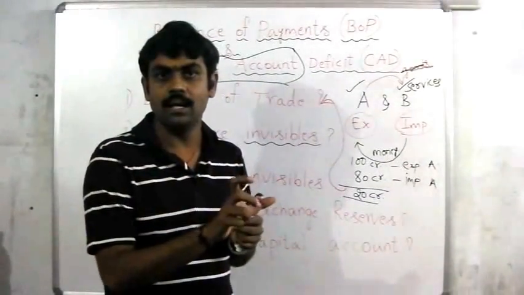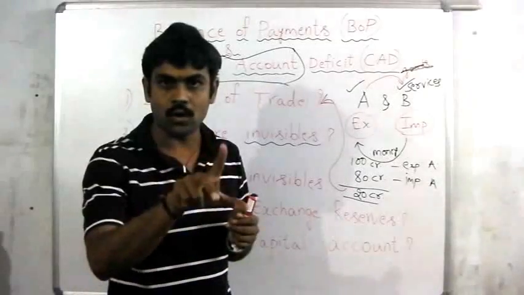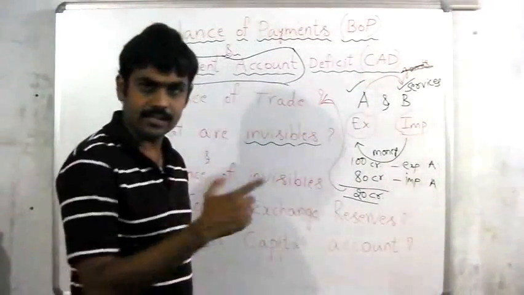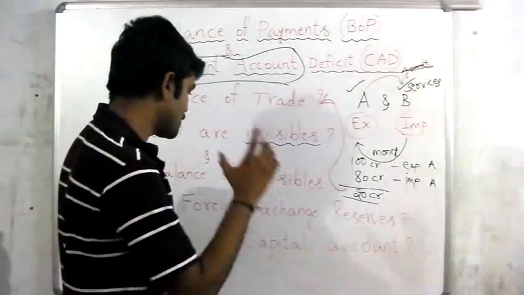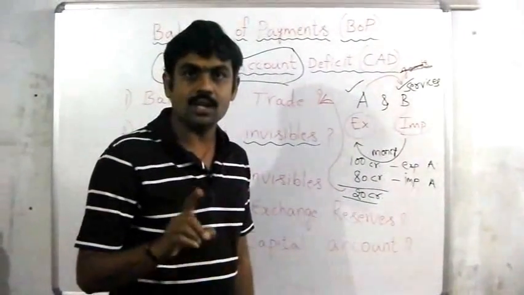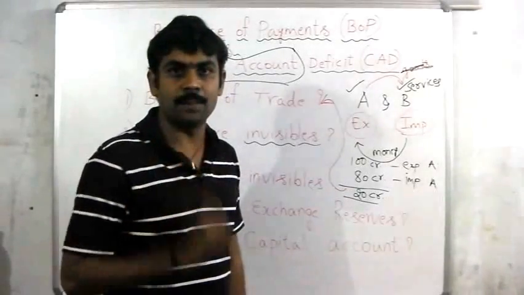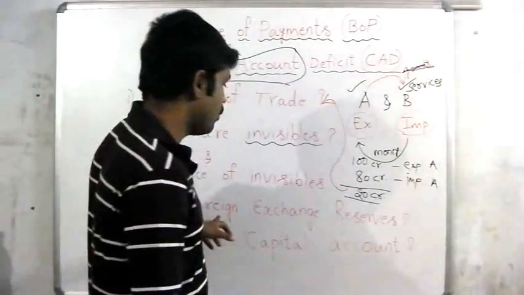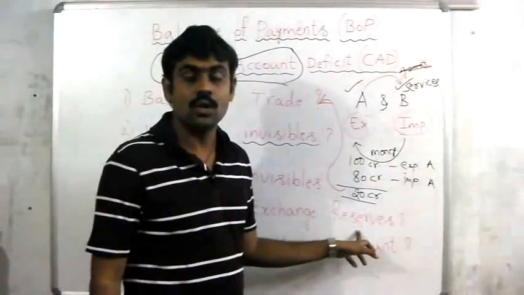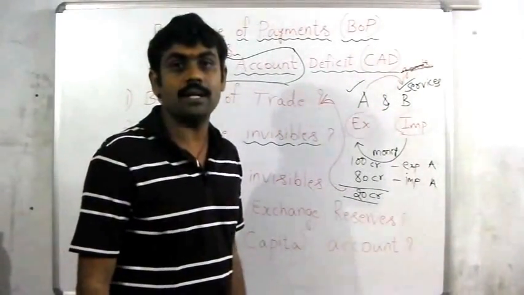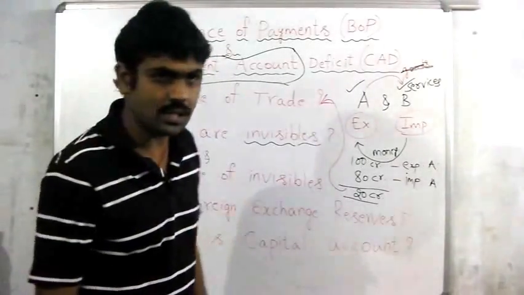That gap will be filled up either by borrowings or by these foreign exchange reserves. So almost all the countries maintain huge foreign exchange reserves. India also occupies the 8th place in maintaining huge foreign exchange reserves among the other countries.